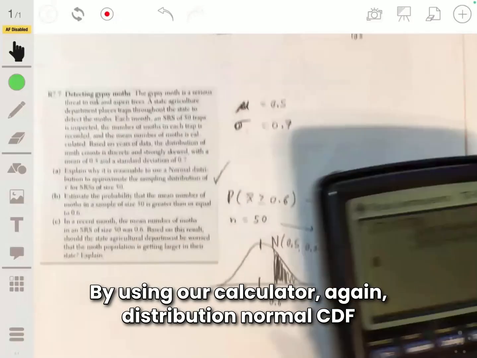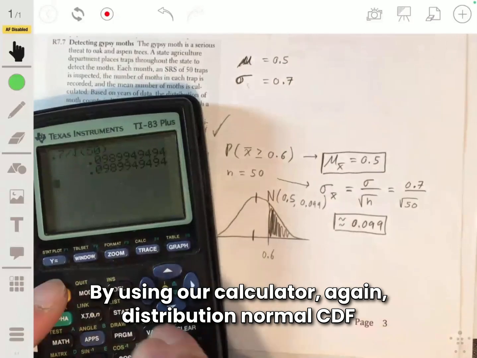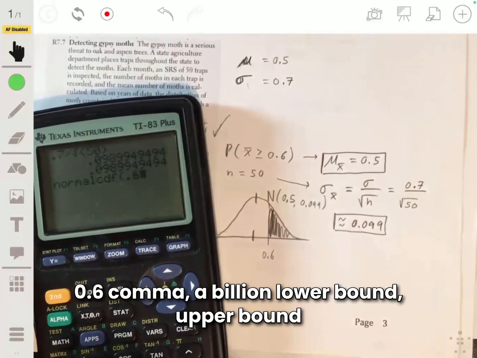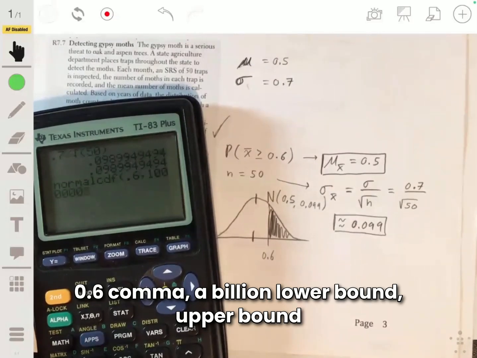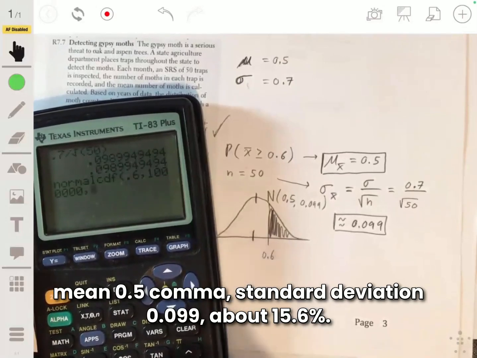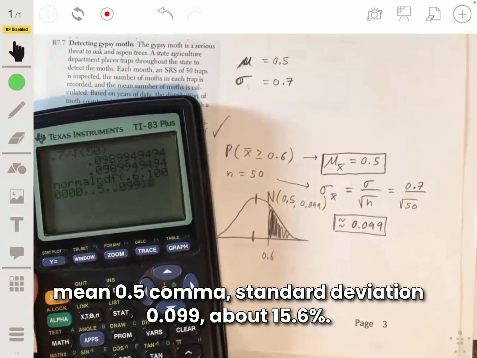So using our calculator again. Distribution, normal CDF, 0.6, comma, a billion. Lower bound, upper bound, mean 0.5, comma, standard deviation 0.099.